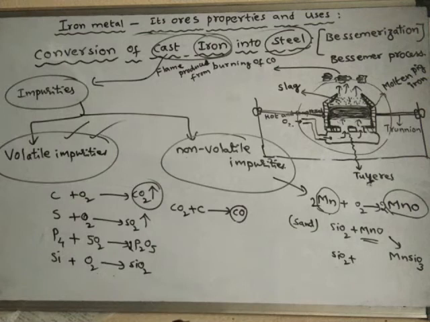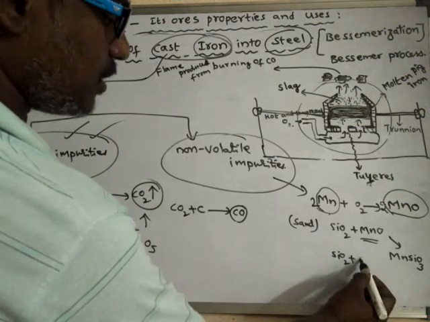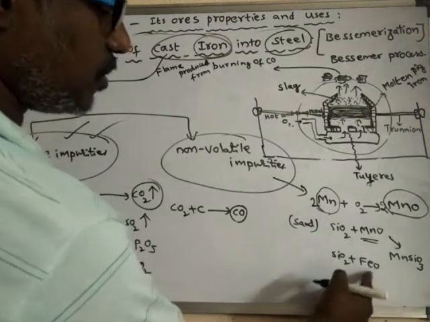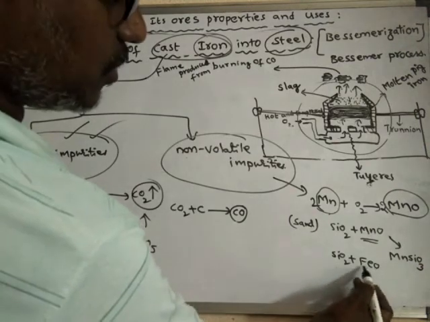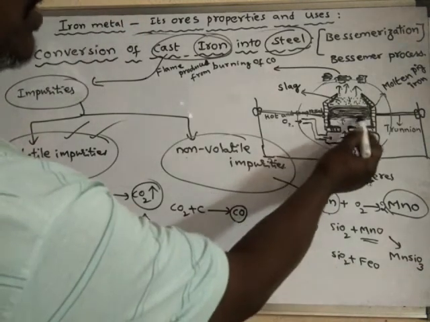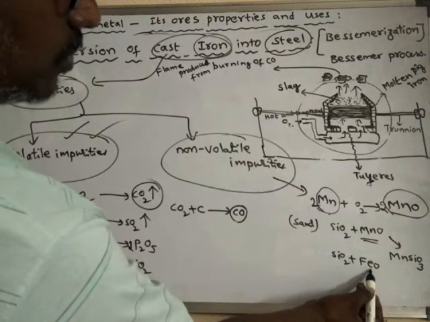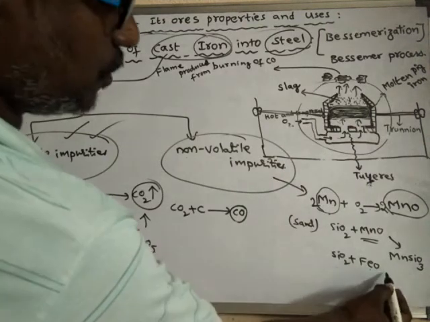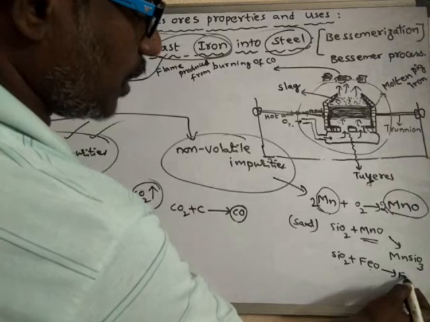Some of the iron which is present will also get oxidized into ferrous oxide, and that ferrous oxide will react with the silicate impurities to form ferrous silicate.